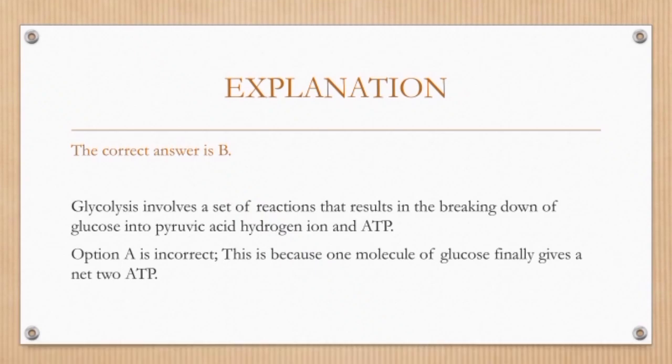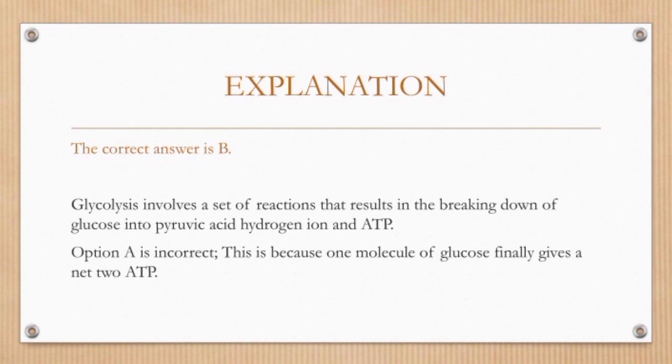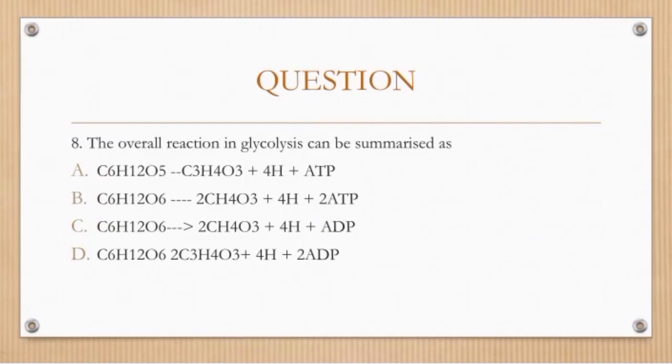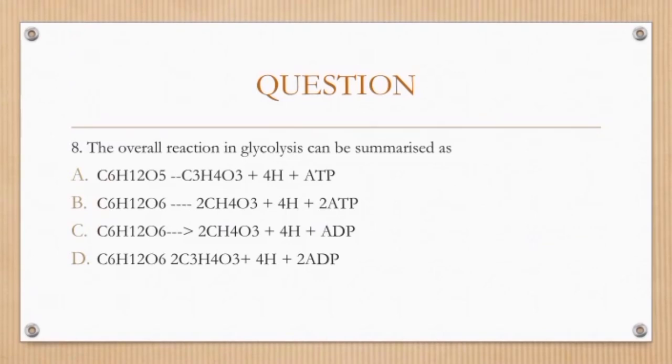A is incorrect because one molecule of glucose finally gives a net, so note the molecules. The number of molecules actually matters a lot. Sometimes they can give you pyruvic acid, hydrogen ions, and ATP when glucose breaks down.